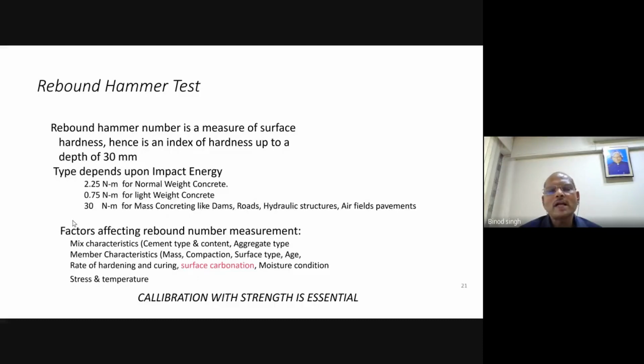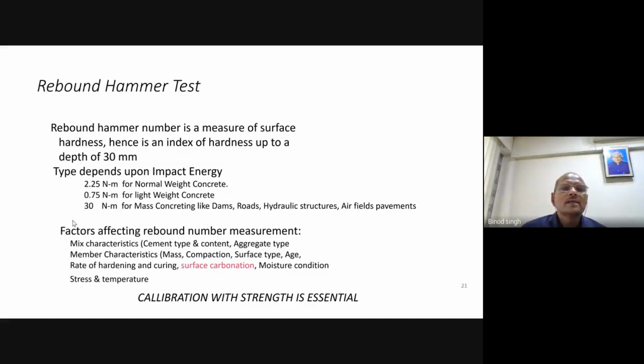Calcium hydroxide reacts with atmospheric carbon dioxide and makes calcium carbonate. That calcium carbonate has more hardness than the normal surface, but its size is smaller. Due to the smaller size, the overall hardness will be there, but the final strength will not be up to that much.